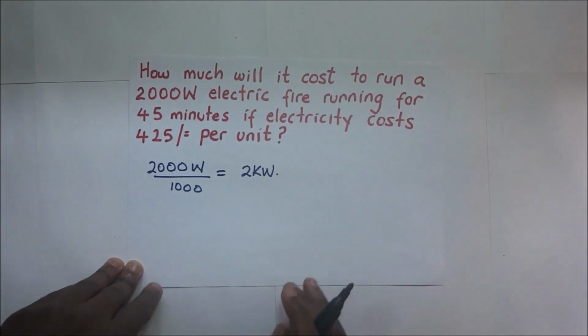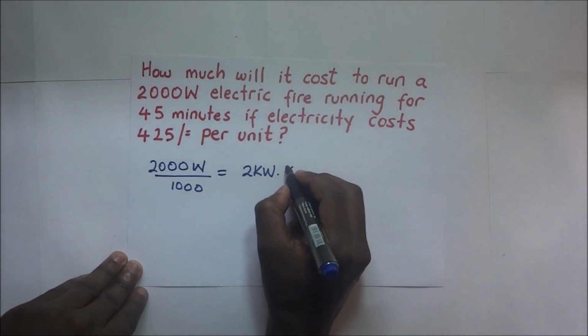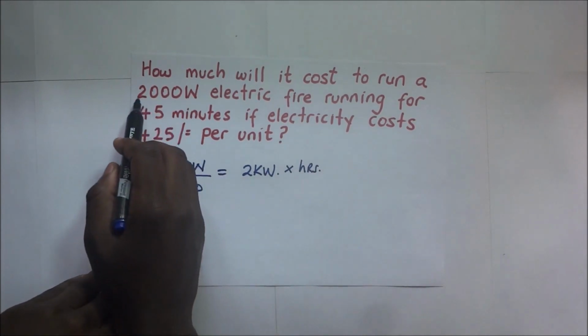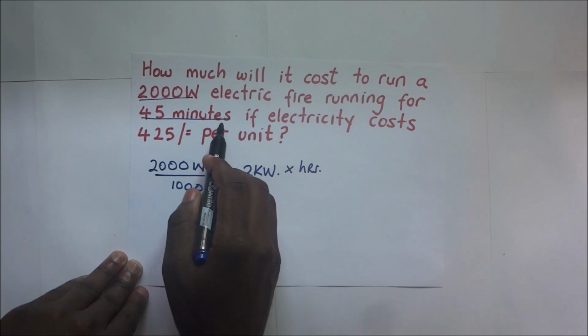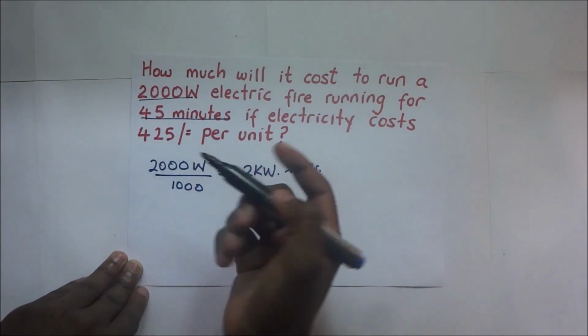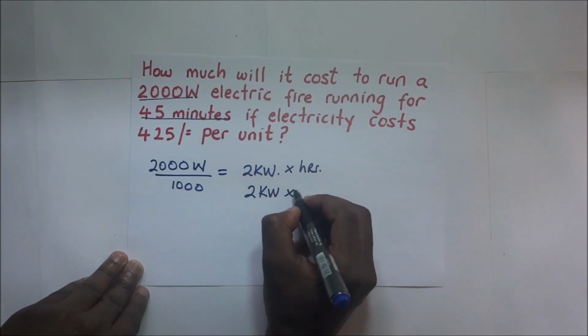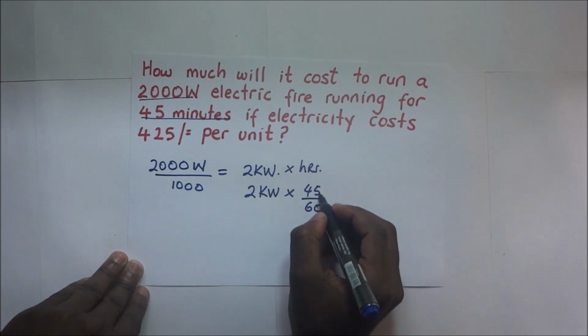Now to convert those kilowatts into kilowatt hours, you're supposed to multiply this by the hours this thing was running. They're telling us that this electric fire is running for 45 minutes. Converting 45 minutes into hours means 45 minutes divided by 60 minutes. So it's going to become 2 kilowatts times 45 minutes divided by 60 minutes to convert this to hours.